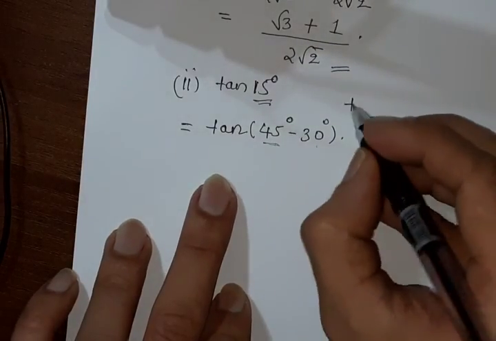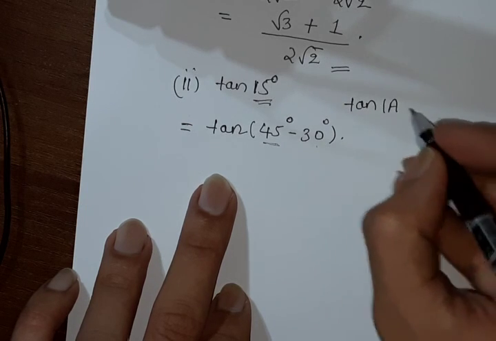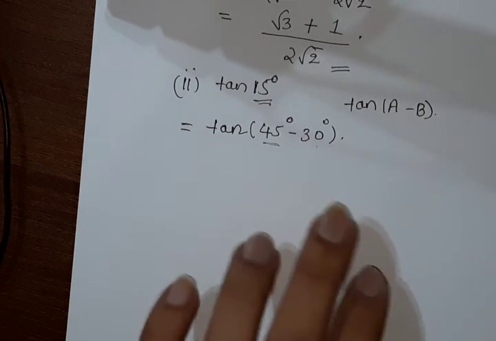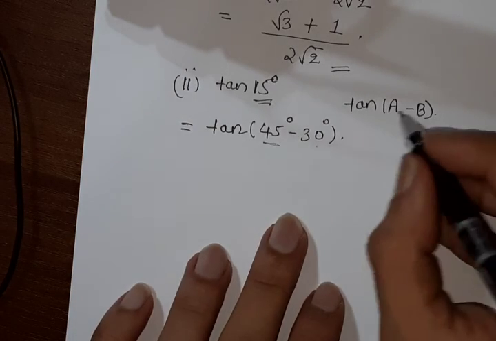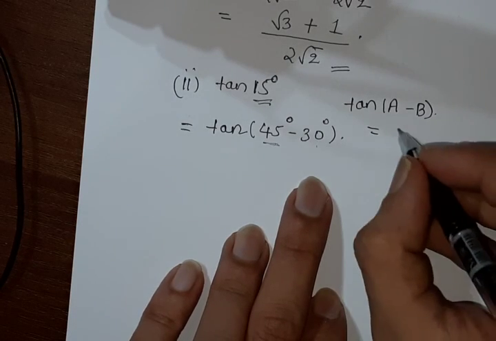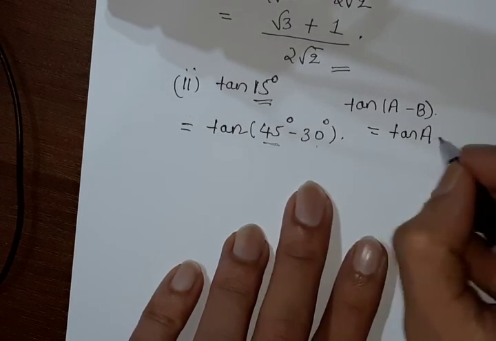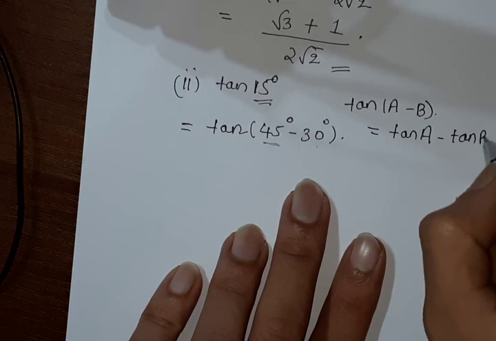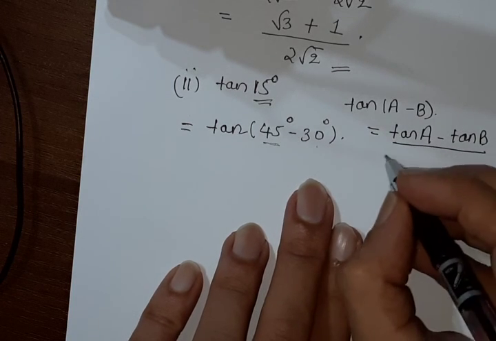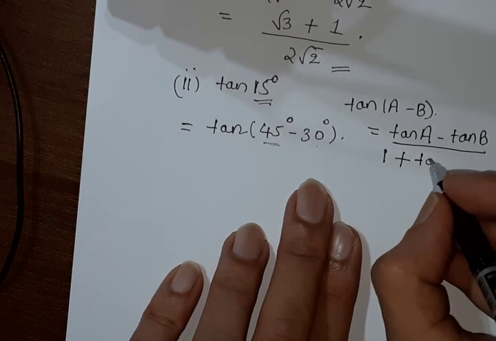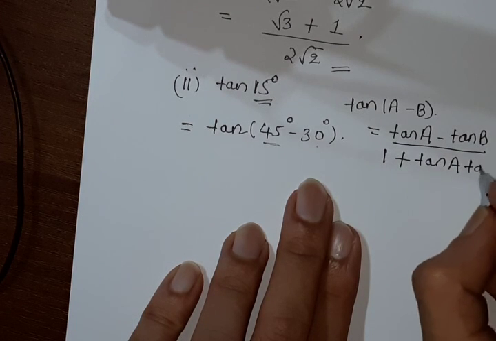Now suppose we find out this tan (a minus b). We don't need to find it out, you know the formula, right? Tan (a minus b) is tan a minus tan b, divided by 1 plus tan a tan b.